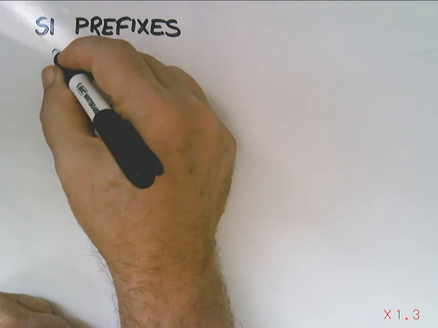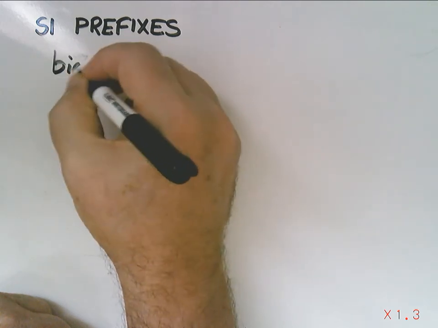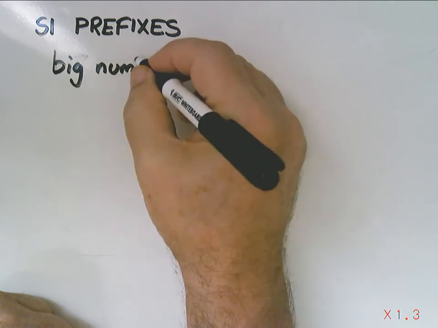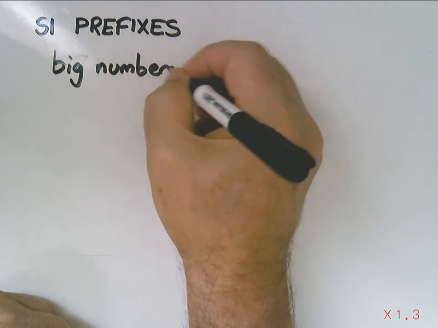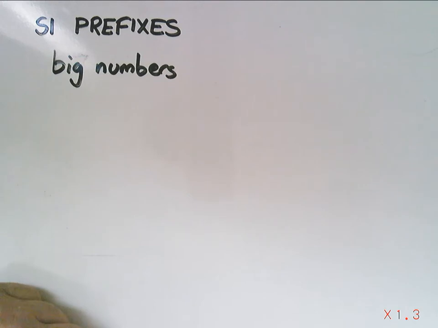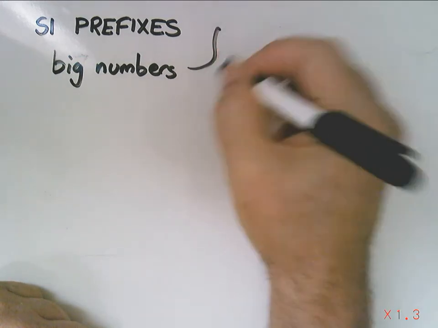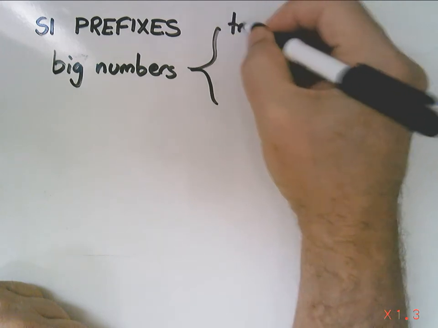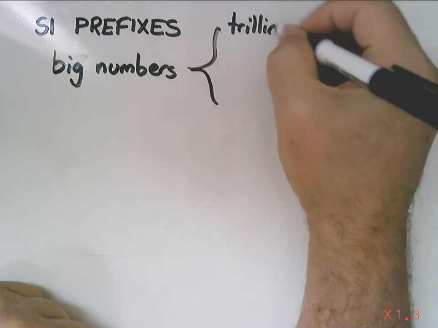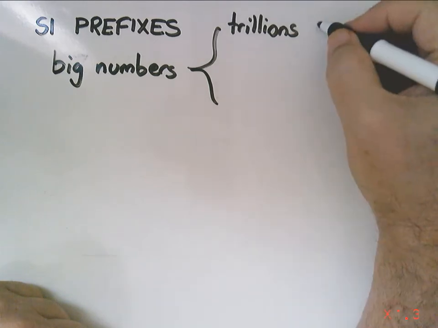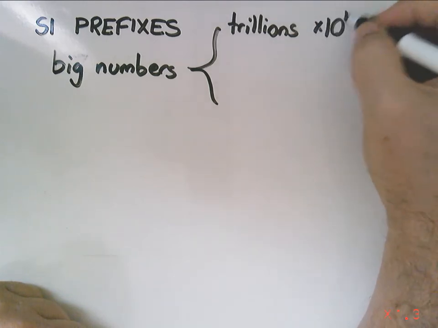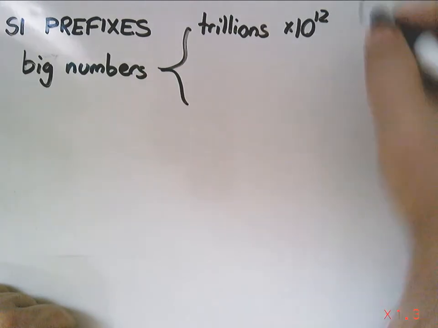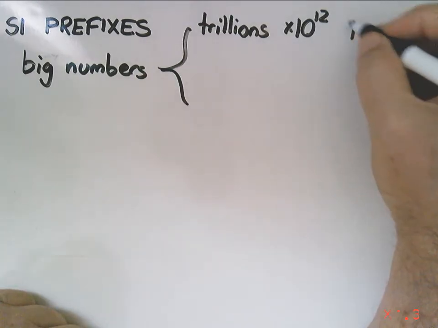Okay, when I'm memorizing a list of things, it helps to organize it somehow. So let's talk about the big prefixes first. When I have numbers that are bigger than 1. If I have trillions of something, or I say times 10 to the 12, that's trillions, the abbreviation for that is tera.